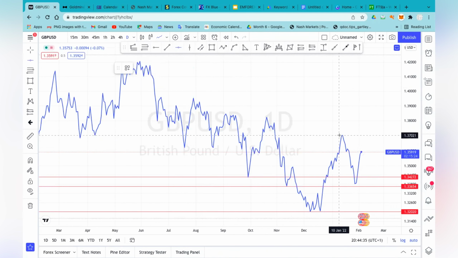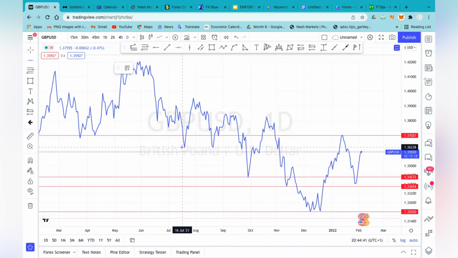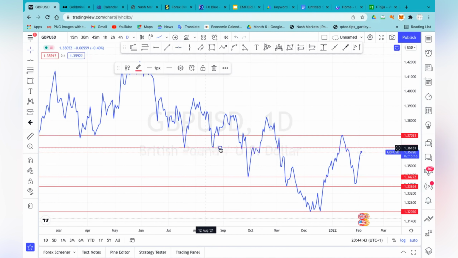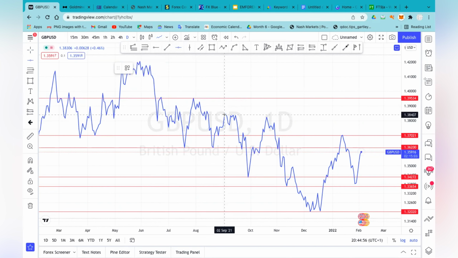This could hold for this. This also is a major turning point. This also is a major turning point. They are both major turning points.